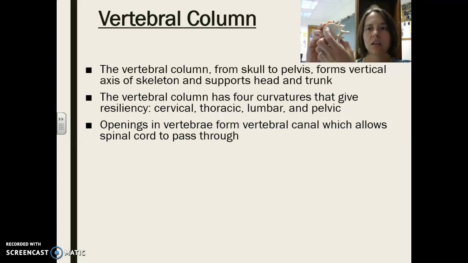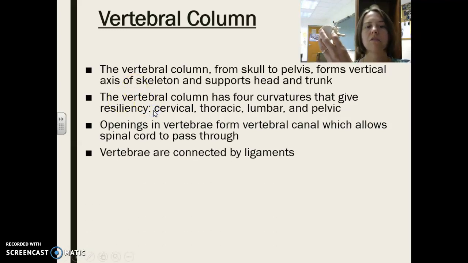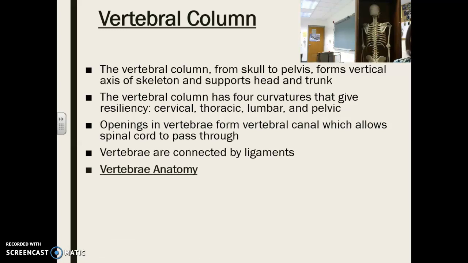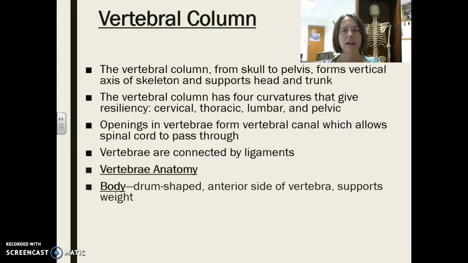So you can see that there is an opening there. Vertebrae are connected by ligaments from one to the next. So looking at vertebral anatomy, the body is drum-shaped, that's the largest part on many of them.